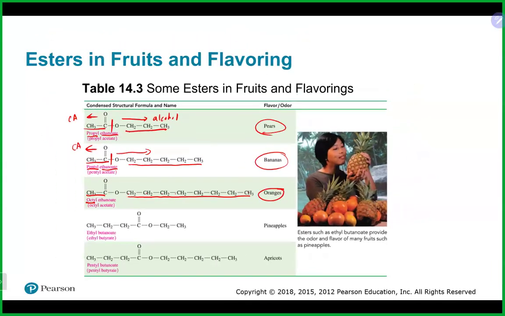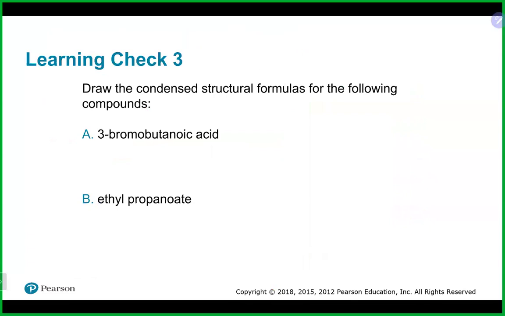All right, so why don't you draw these guys here? Why don't we also do 4-methyloctanoic acid.